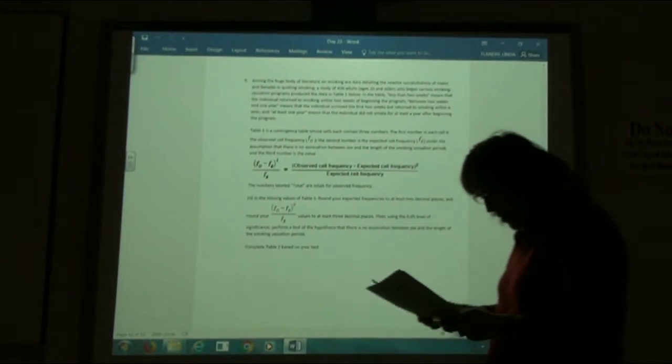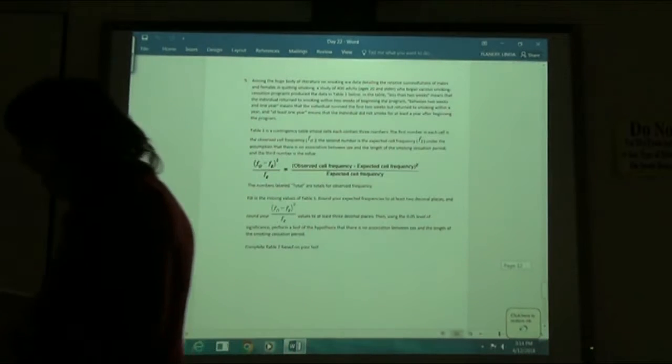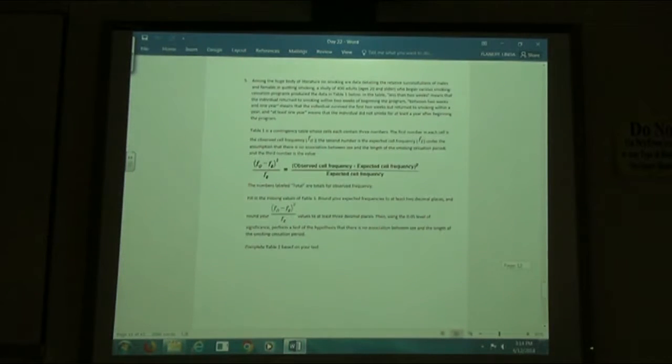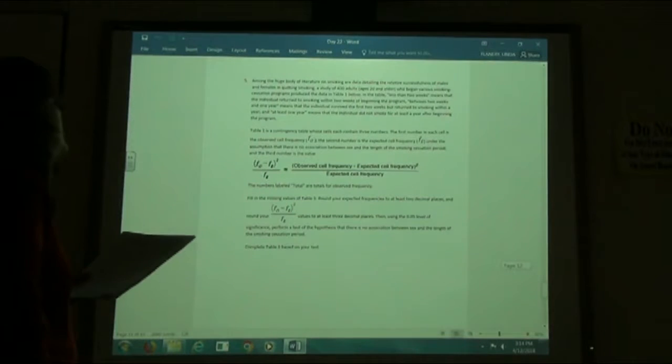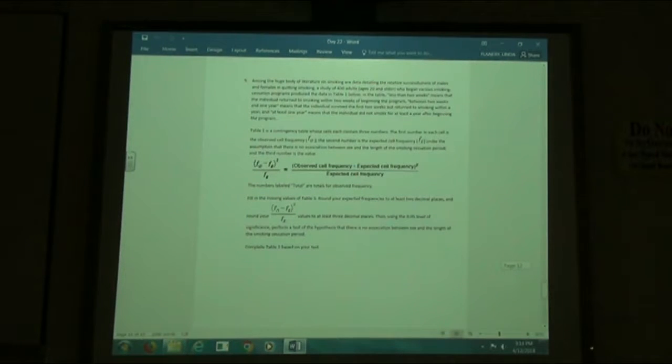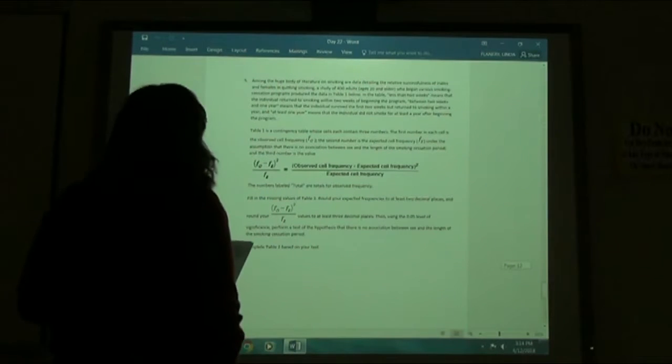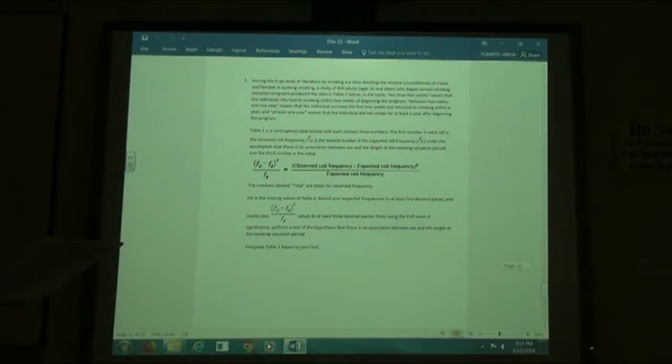One last one on here. Number 9. Among the huge body of literature on smoking are data detailing the relative successfulness of males and females in quitting smoking. A study of 400 adults ages 20 and older who began various smoking cessation programs produced the data in Table 1 below.